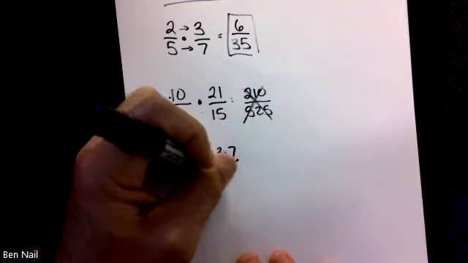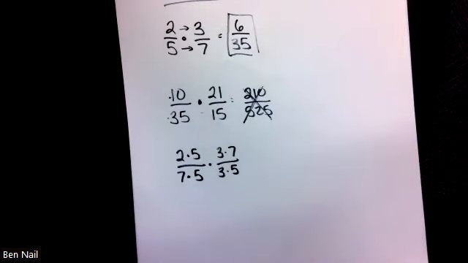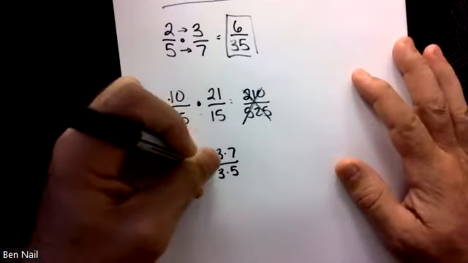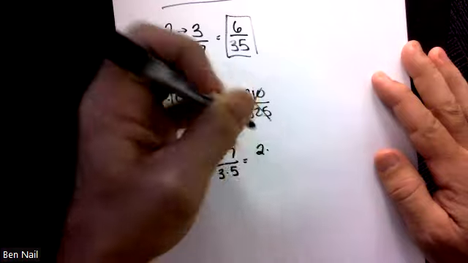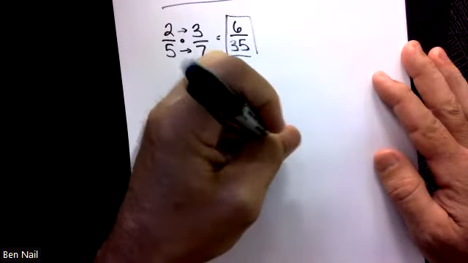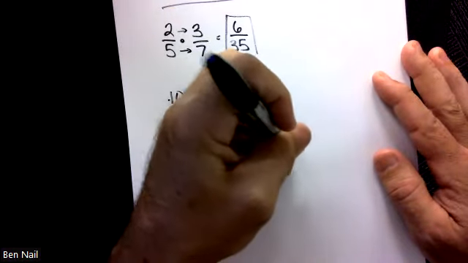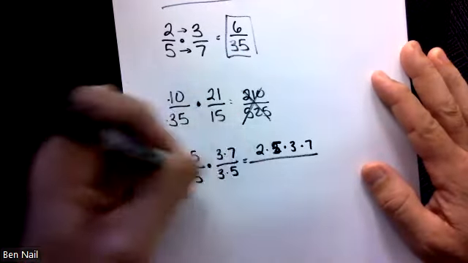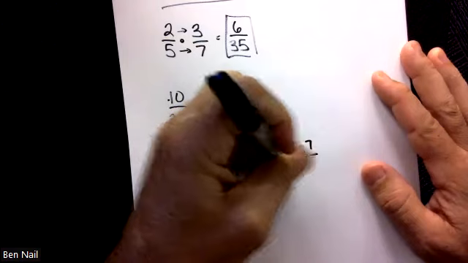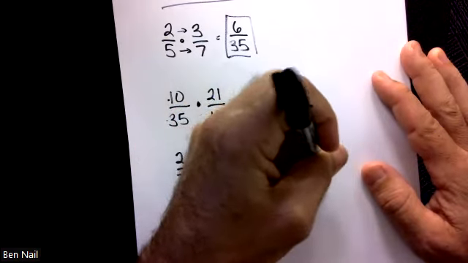Another way to write 15 is 3 times 5. Now, in multiplication, again, we multiply straight across. So this is ultimately 2 times 5 times 3 times 7. Same thing, this is 7 times 5 times 3 times 5.